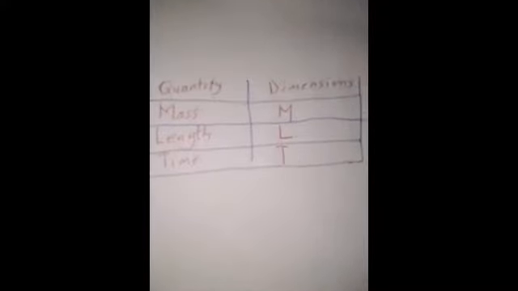In order to do this, we use a symbol. If I'm to specify the dimension without writing the word dimension, I use a square bracket like this. So if I write a square bracket and put mass in it, I can equate this to capital M, where the square bracket means the dimension of mass is capital M. Everybody who understands dimensions clearly will see that this is talking about dimensions.